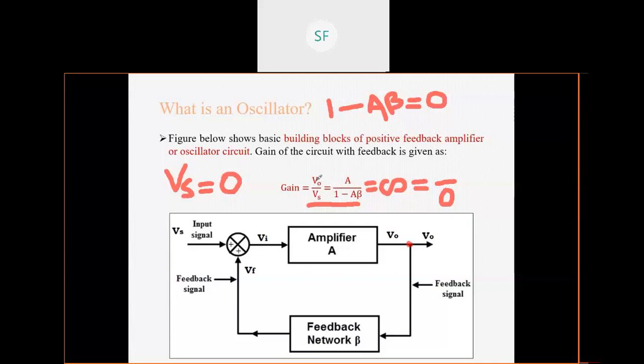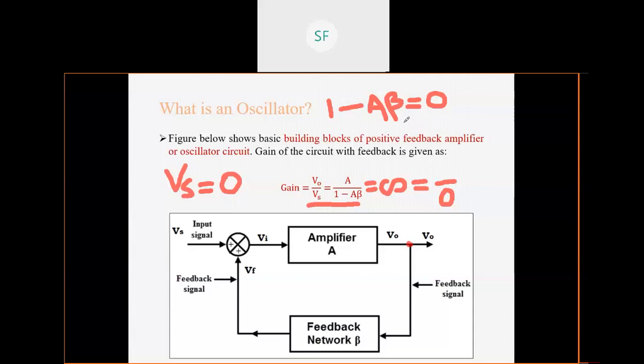You understood this: V upon Vs equals A upon 1 minus A beta. Now this fraction is infinite, so that means this fraction will also be infinite. What do we mean by this fraction being infinite? That means the denominator part will be equal to 0. So I have just written the same: the denominator part 1 minus A beta equals 0.